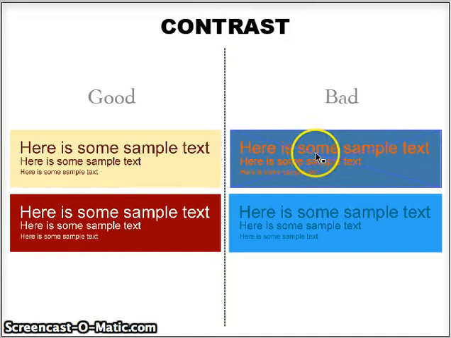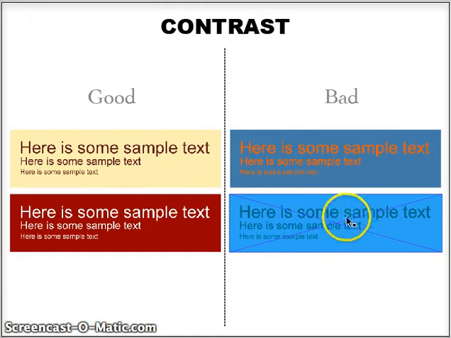Here are just some bad examples. Here's a kind of a bluish background with kind of a neon orangey text color. It hurts my eyes just looking at it. So we want to avoid that when we're using that in our web design. Here as well, we don't have a lot of contrast in these two colors. They're both different shades of blue or turquoise, I guess.